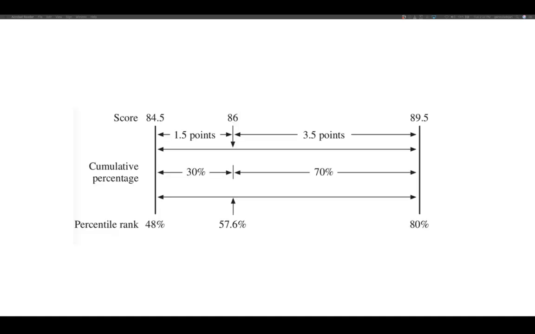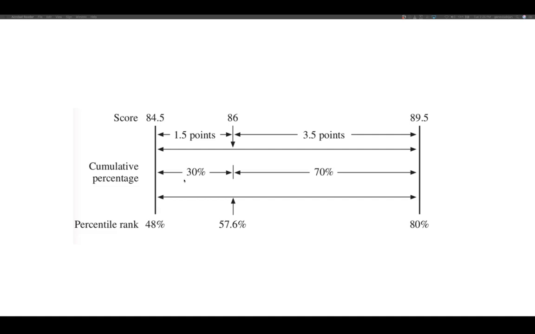Now, what if we are asked a more complicated question, and that is, what is the percentile rank for a score of 86 in our example? Because 86 is not right in the middle of an interval, we need to know how far across the interval it is. Then we can use linear interpolation to find the cumulative percentage that corresponds to that score.